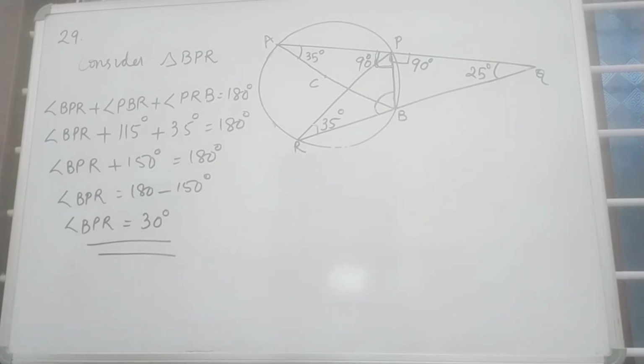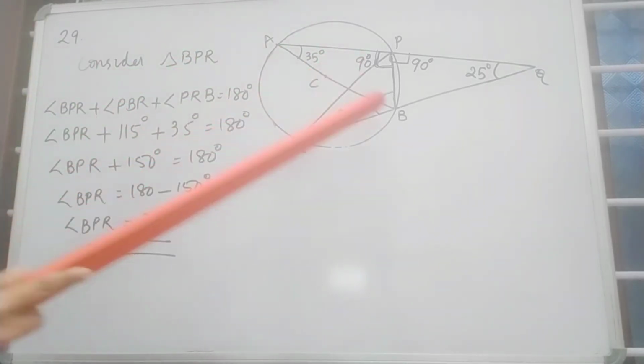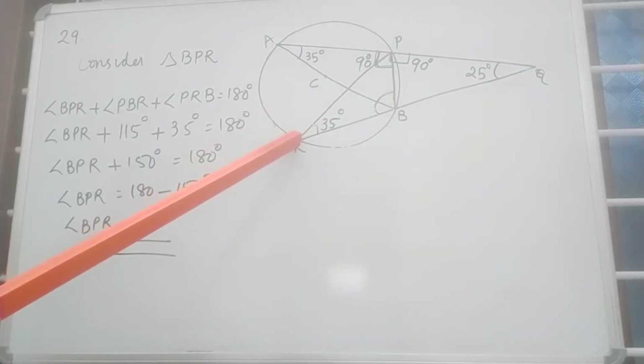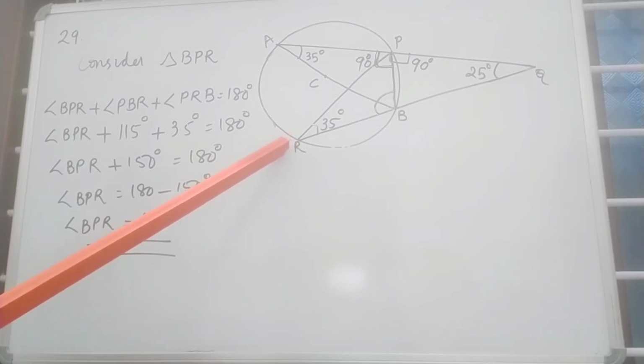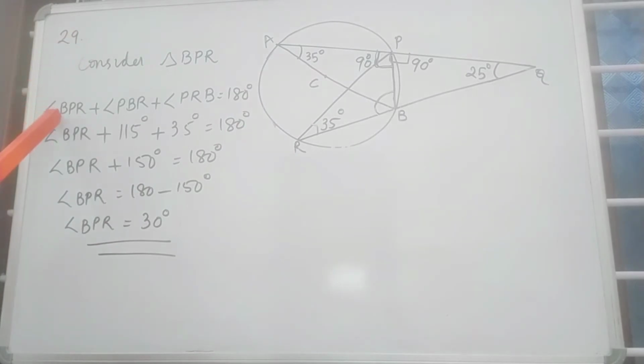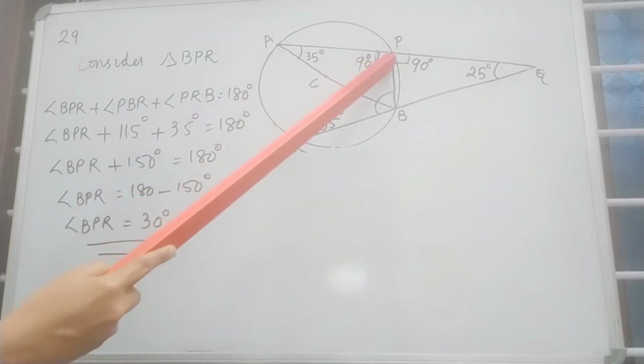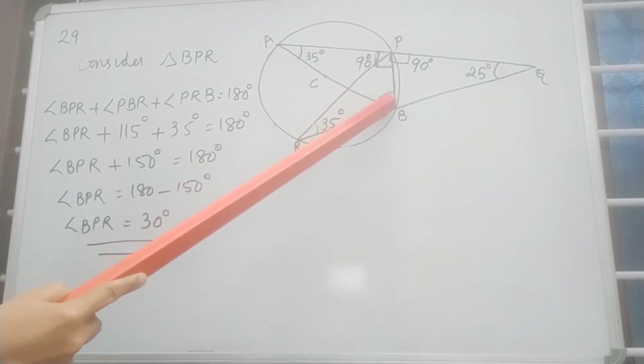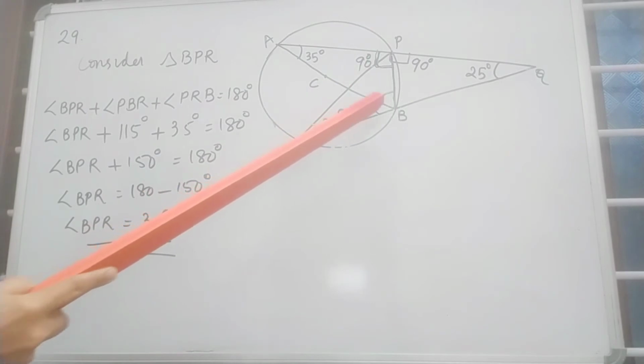The third part is we want to find the value of angle BPR. For that, consider triangle BPR. The sum of angles of a triangle is equal to 180 degrees. So angle BPR plus angle PBR plus angle PRB is equal to 180 degrees.